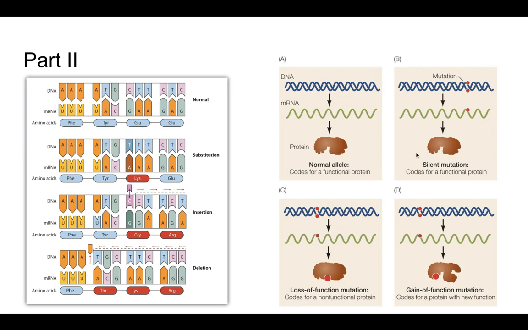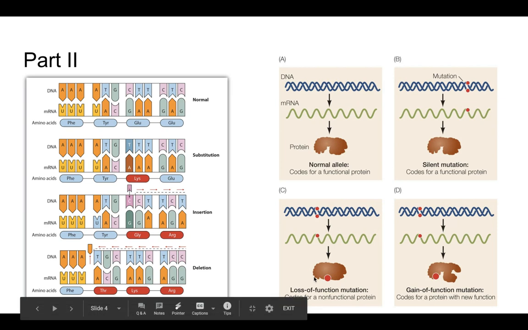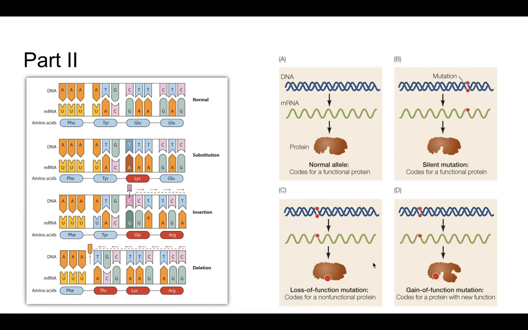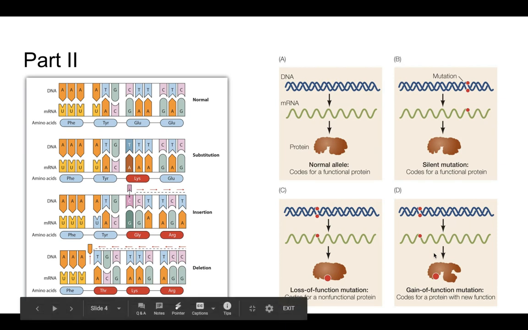Then you're going to have your neutral one, where you show some sort of difference in the code with the letters, and it's going to show that it has the same benefits in the environment. Then you're going to have a loss of function one, which would be harmful, meaning that it doesn't survive as well. And then a beneficial one, meaning it survives better.